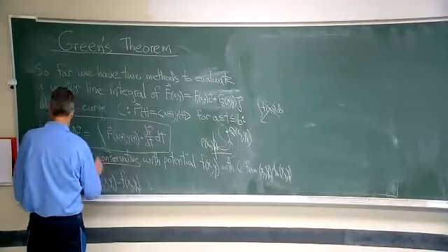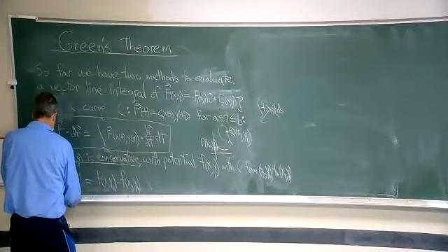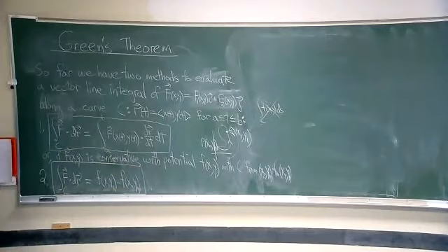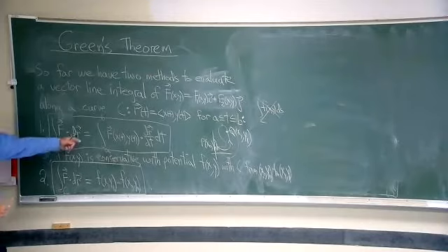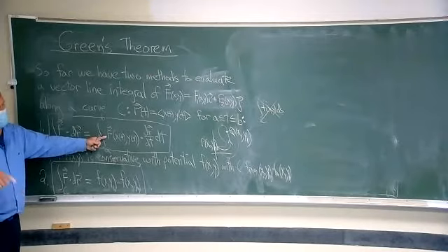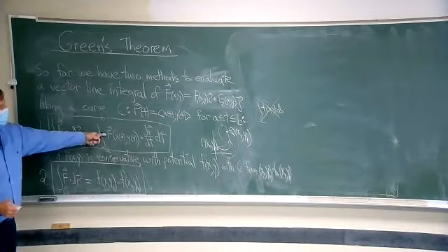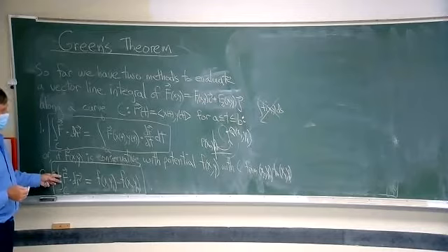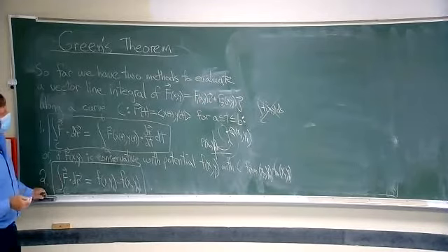So that was a nice theorem, but it only applied to conservative fields. So sometimes this integral is hard to evaluate because the path is nasty or the F is a bad function. Sometimes this one you can't use because it's not a potential, it's not a conservative field.